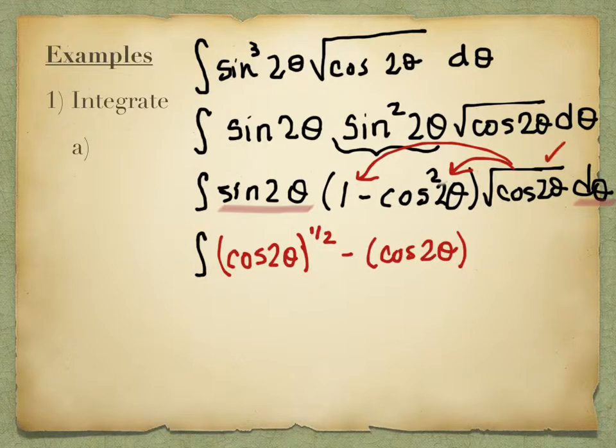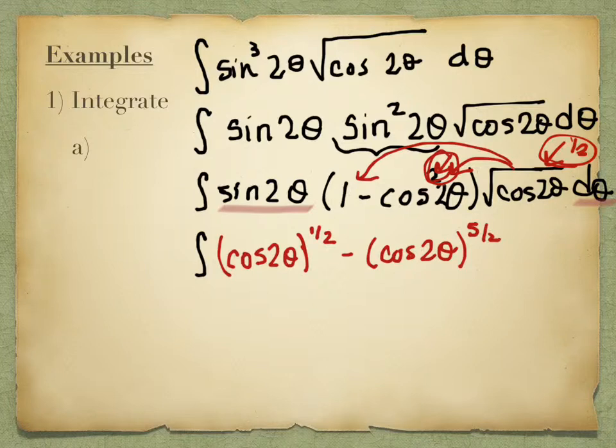This is a power of 1/2 right here, and this one's a power of 2. So what happens when I have a power of 2 and a power of 1/2? What's my new power? Nope. It'll be 5/2.